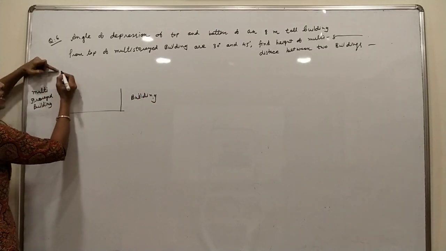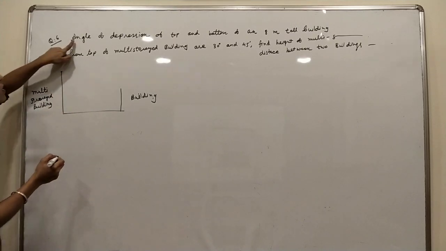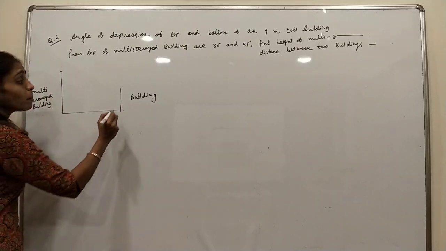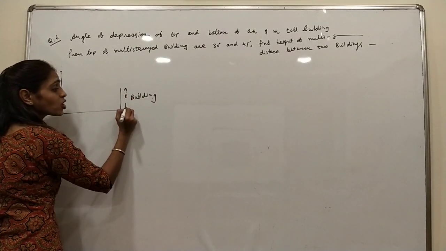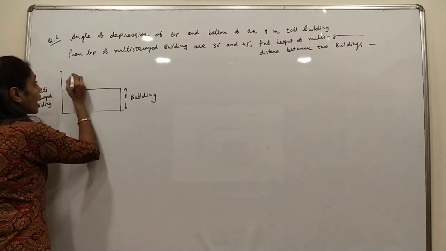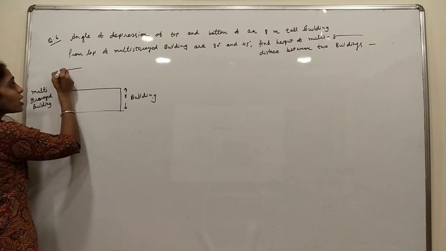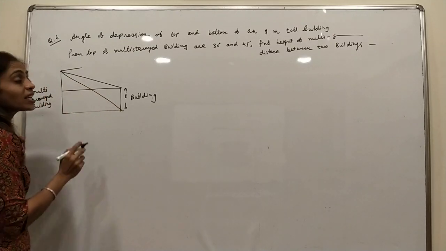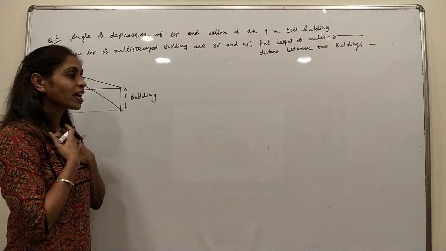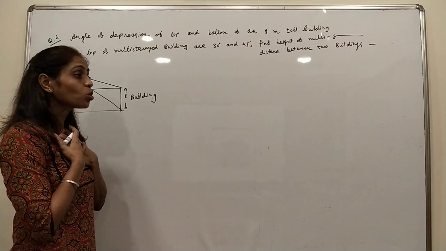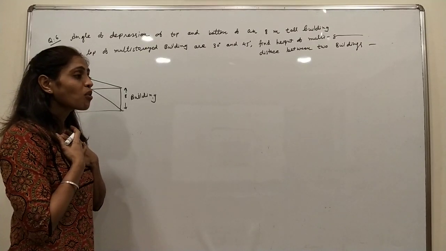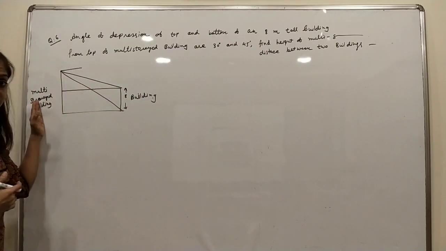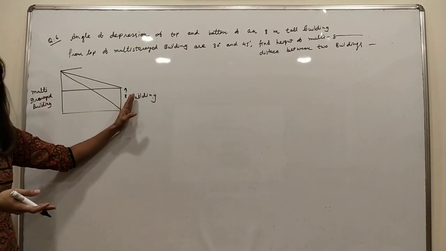From the top of the multi-storied building, the angle of depression of the top and bottom of the 8 meter tall building, meaning the building is 8 meters tall, are 30 and 45. Actually, I am standing on the multi-storied building and I want to see the top of the building. The multi-storied building is higher and the building is lower.